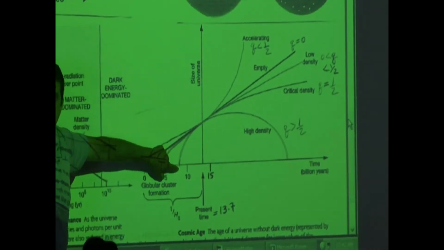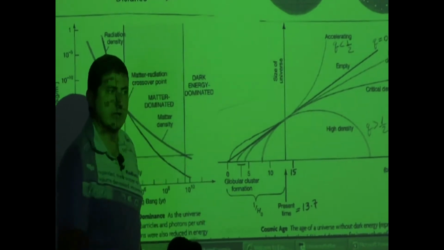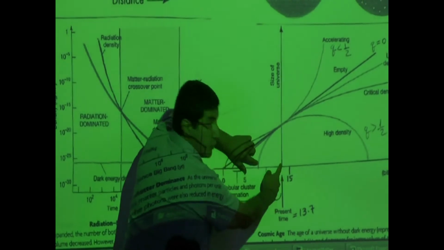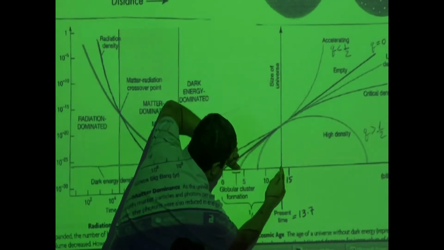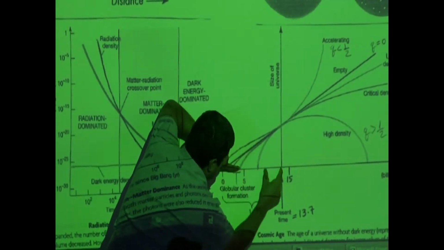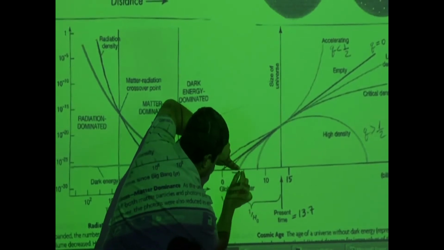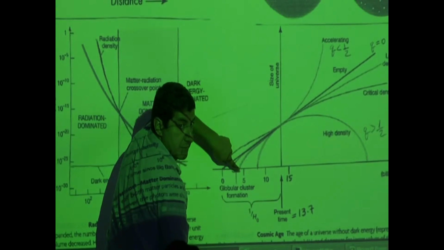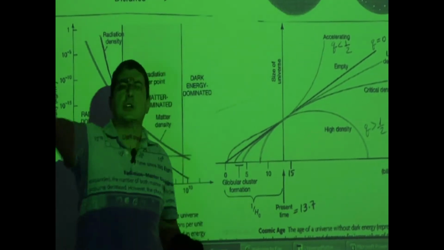You go out there, if you discover objects that are older than that, you can rule out that model of the universe. You see? And we have. According to this model, the universe began about 10 billion years ago, roughly. Okay? You go out there, you look for objects.